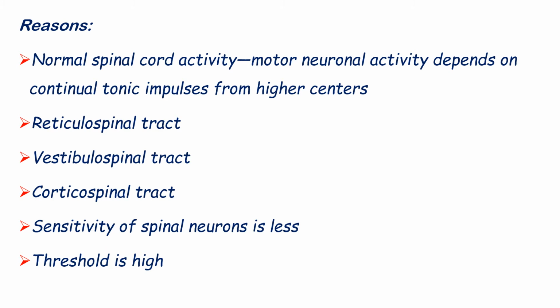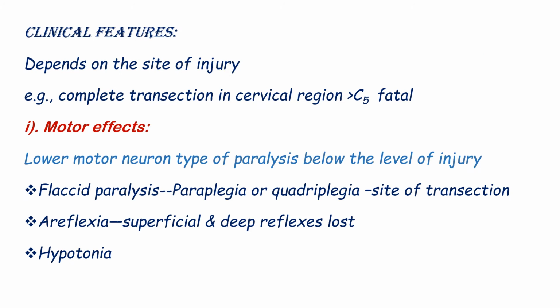So the spinal neurons, their sensitivity is less and the threshold is high. So finally a stage comes in the spinal shock that suddenly this effect is totally lost. The spinal neurons, for some time they remain in the state of shock, rather a sort of inertia, and then they come out of that shock and start producing the effects. So we'll be discussing this.